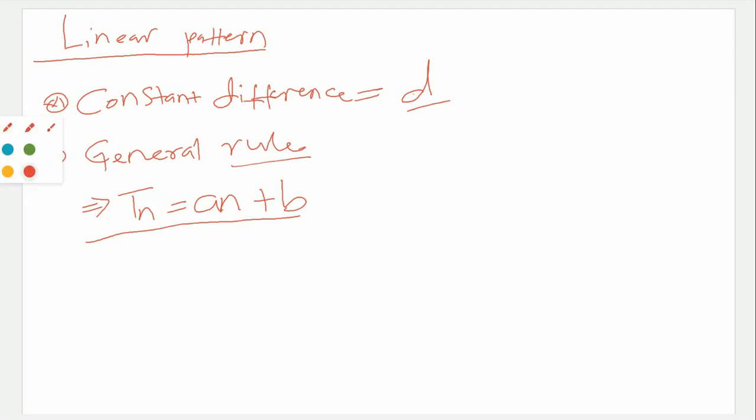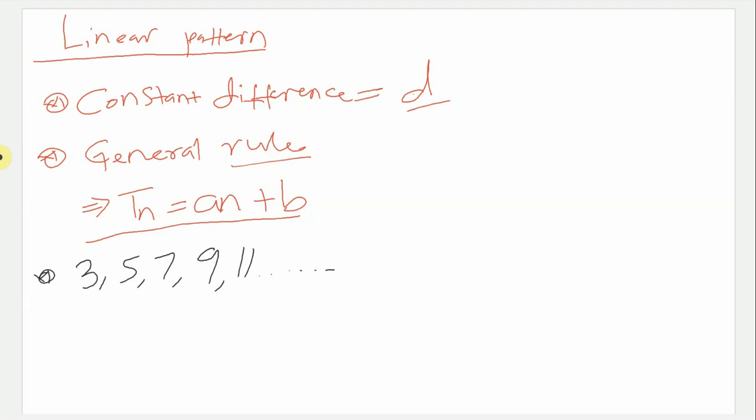Okay, let's look at examples of the linear number pattern. A linear number pattern can be of the form 3, 5, 7, 9, 11, and going on.